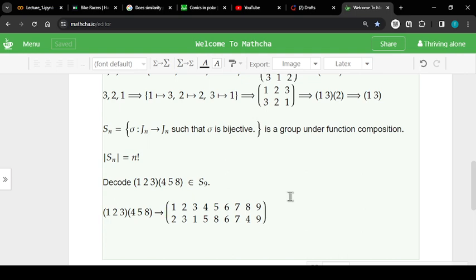Do follow any book, I don't care, but just fix your mind about this particular cycle notation. This is very important. This makes things much easier to write. You could see the difference.